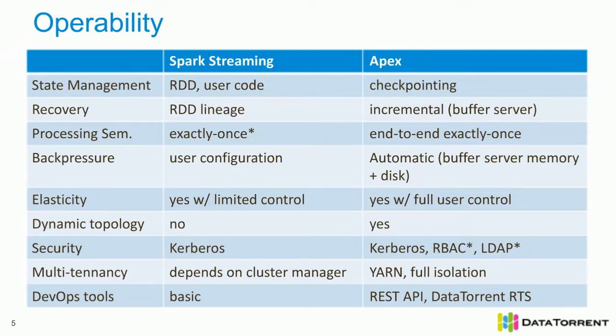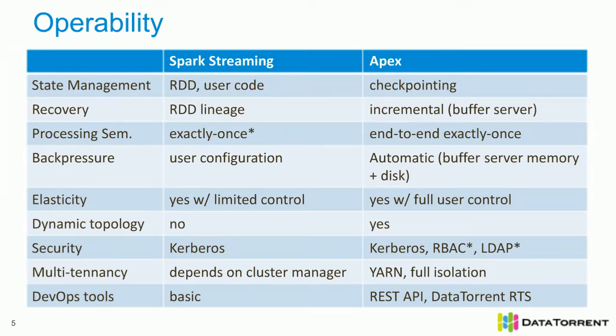SQL is on our roadmap, and we also don't have a machine learning library inside Apache Apex. But we have recently added the underlying capability for iterative processing in Apex, and we are working on integrations with other community projects like Malhar to provide machine learning algorithms on top of Apex in the future.